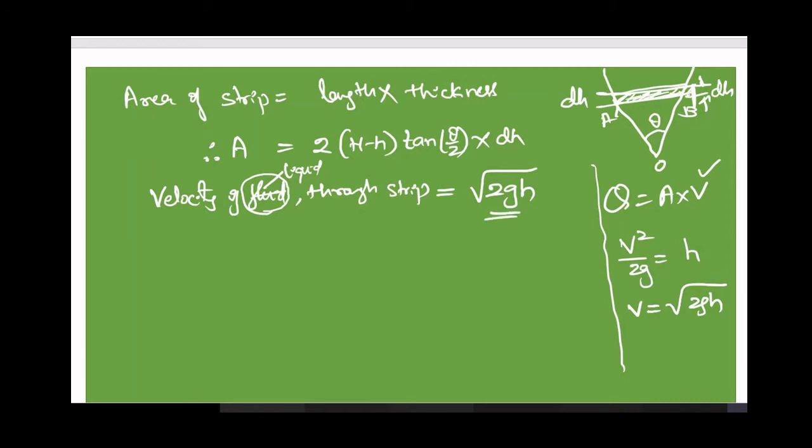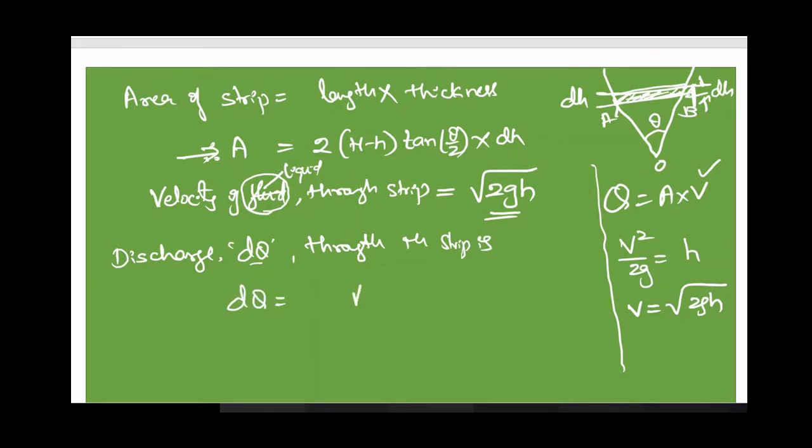So velocity you have calculated and area also you have calculated. Then I can write the discharge dQ, because first I am writing the equation for small discharge through the strip, is dQ equal to area of the strip multiplied by velocity.